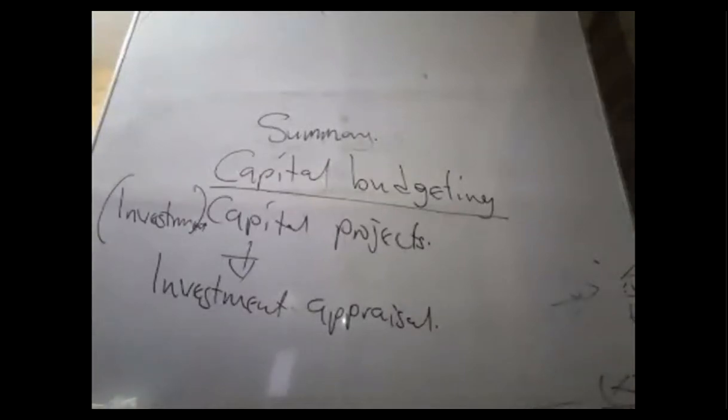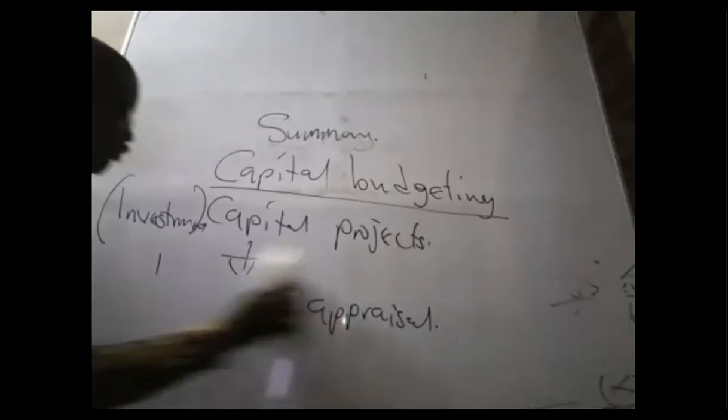Before I move on, let's look at some differences between capital projects and revenue projects, or capital expenditure and revenue expenditure. We are going to appraise a capital project, so we should know the composition of capital projects. Let's draw a table here.